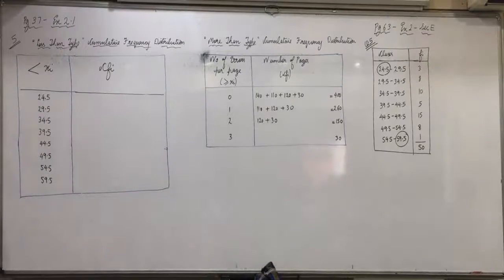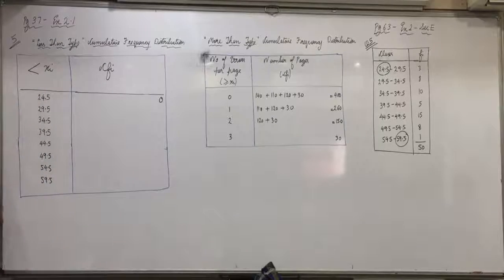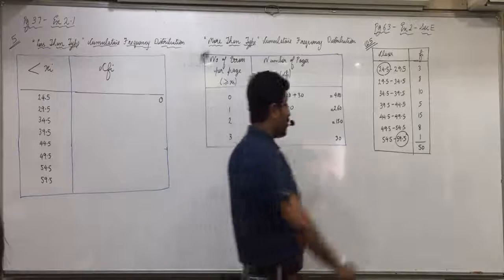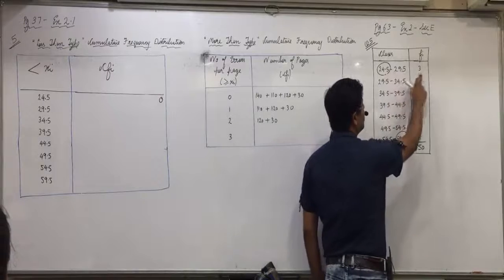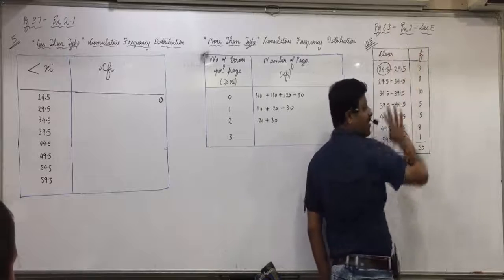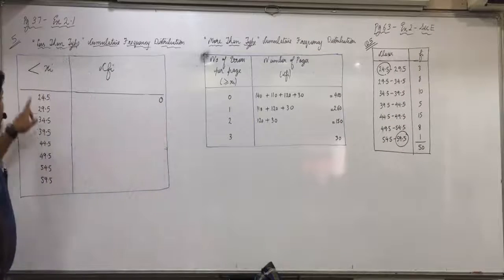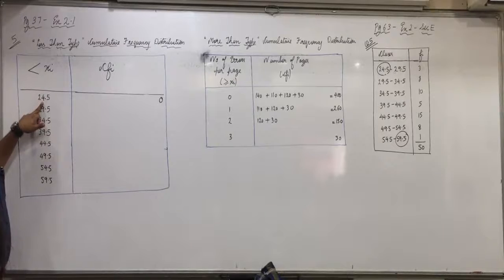When we make less than type, then first CFi we will take 0. So first CFi write it as 0. Reason. Between 24.5 to 29.5, what is the frequency? 3. Is there any frequency before 24.5? No. So 0. We are writing less than 24.5.